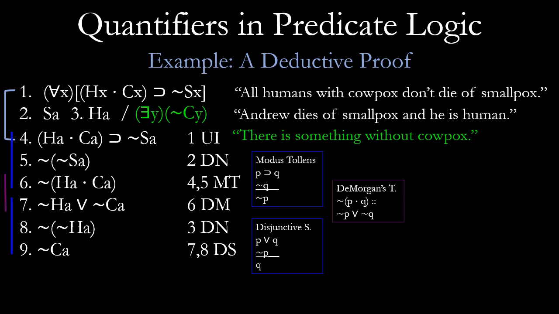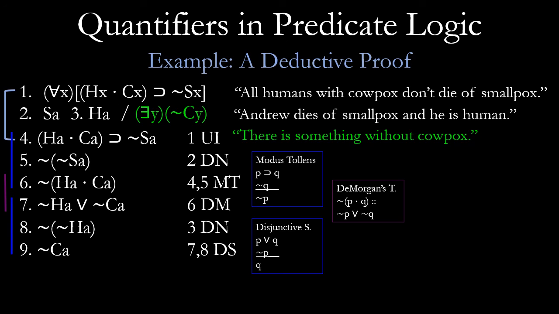What I'm saying is either Andrew is not a human or Andrew doesn't have cowpox. Well, Andrew is a human, and so the remaining element of the disjunctive syllogism must be the case. So Andrew does not have cowpox.